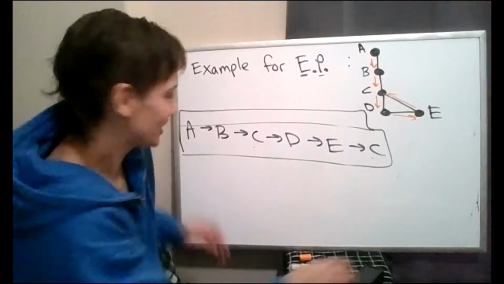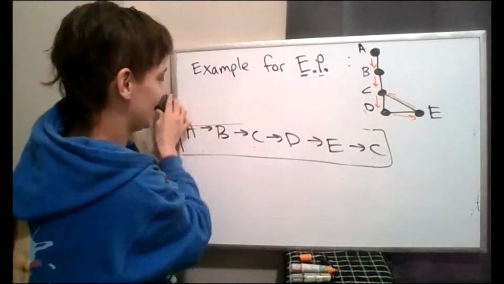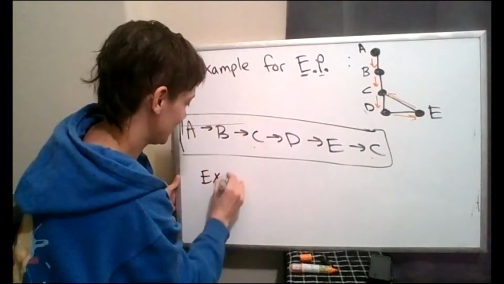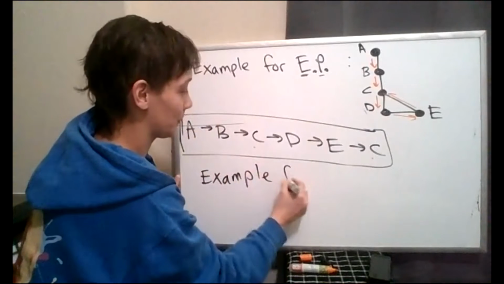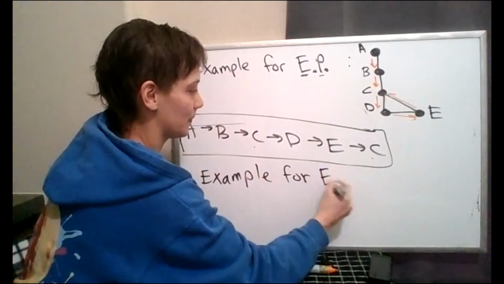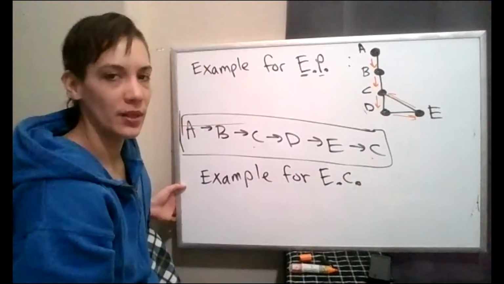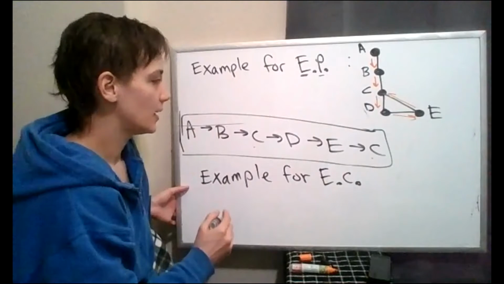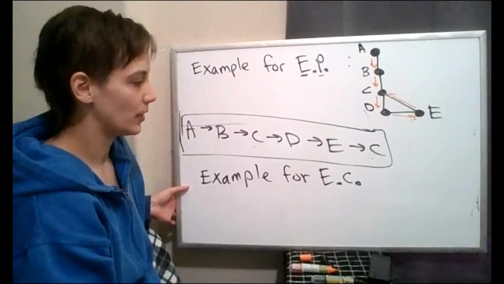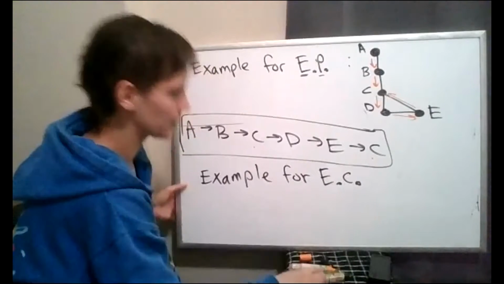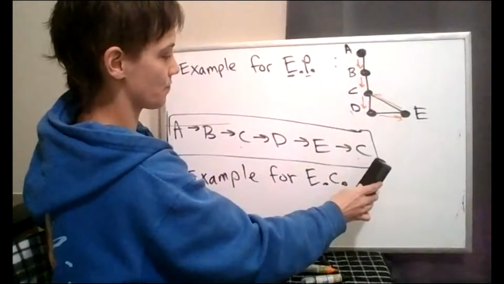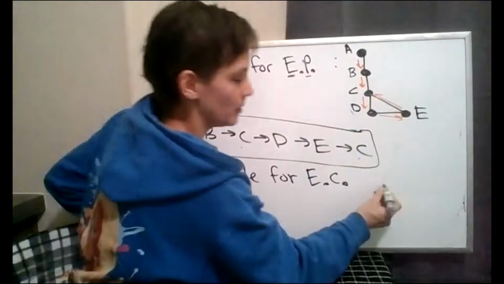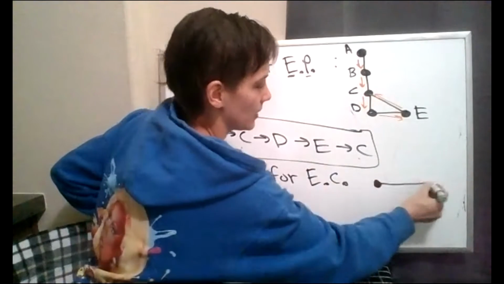Okay, let's draw another graph. This time we want to find an Euler circuit, and the graph looks like, let's see. I think I can do this. There's maybe just a square shape like this.